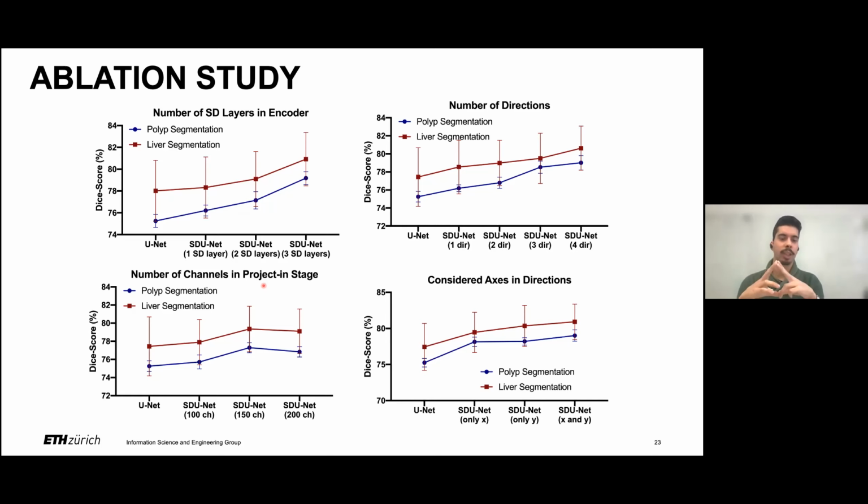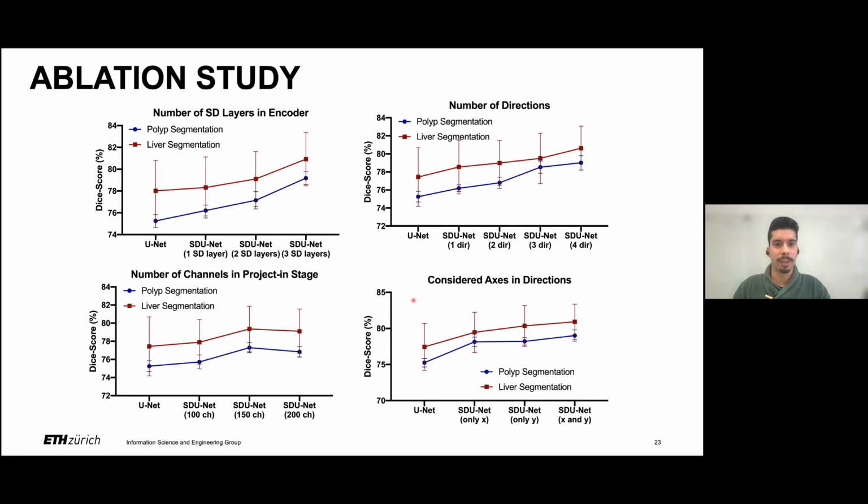As we increase this number of channels, we see a slight increase in performance, but it saturates around 200 channels. For the number of directions, I feel this is interesting to look at. In general, as we increase the number of directions, the method becomes more performant, but the increase is not just linear. This leads us to believe that some directions contribute more than others.